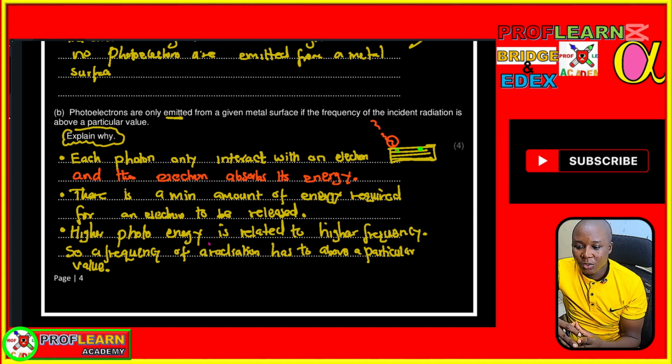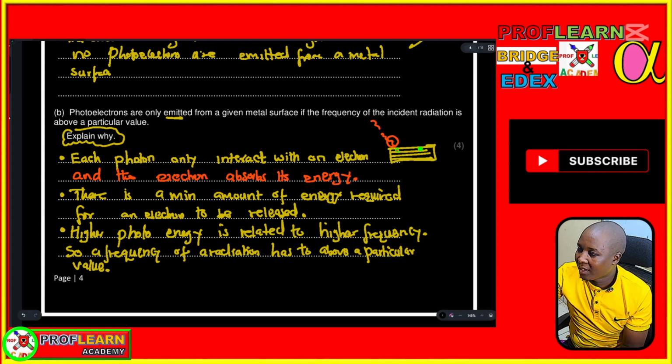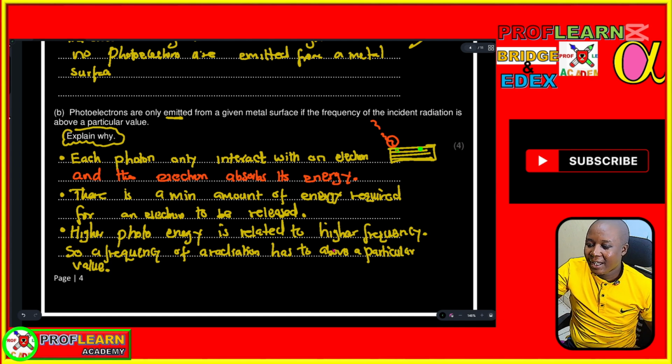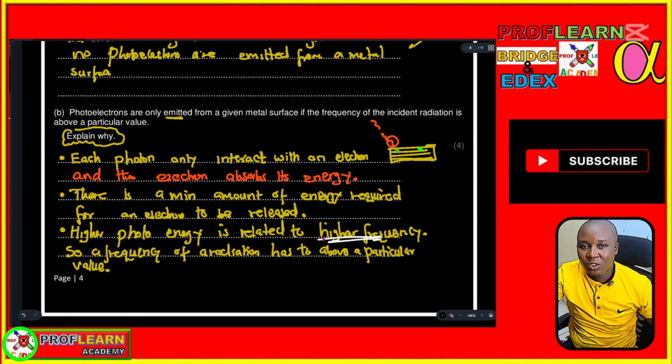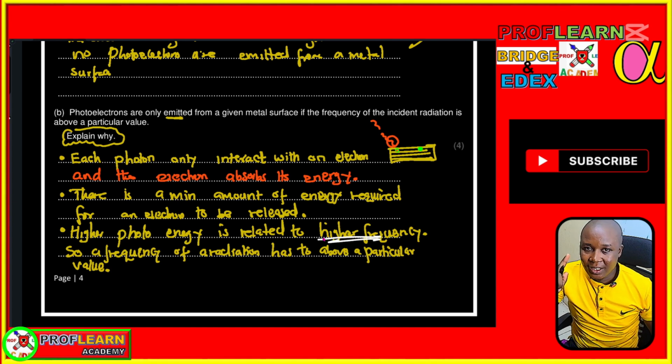Something else we need to remember is that higher photon energy is related to high frequency. Energy of a photon depends on the frequency. So the frequency of radiation has to be above a particular value.